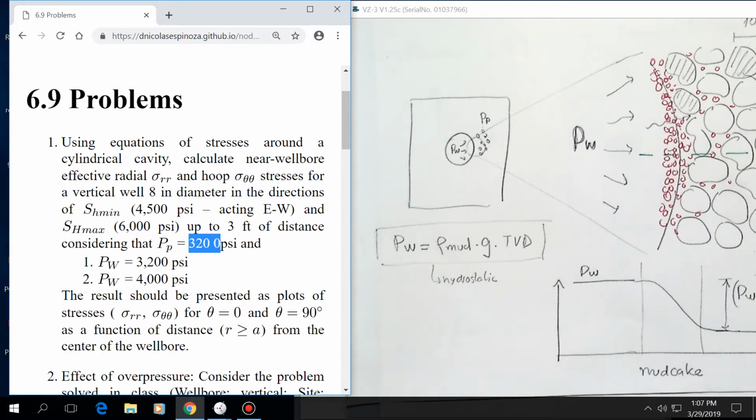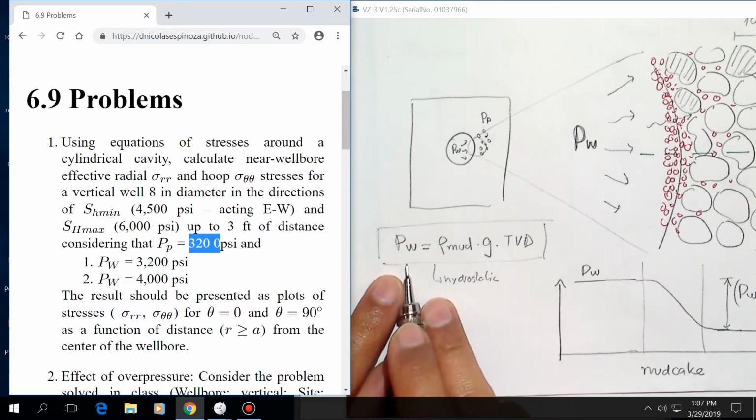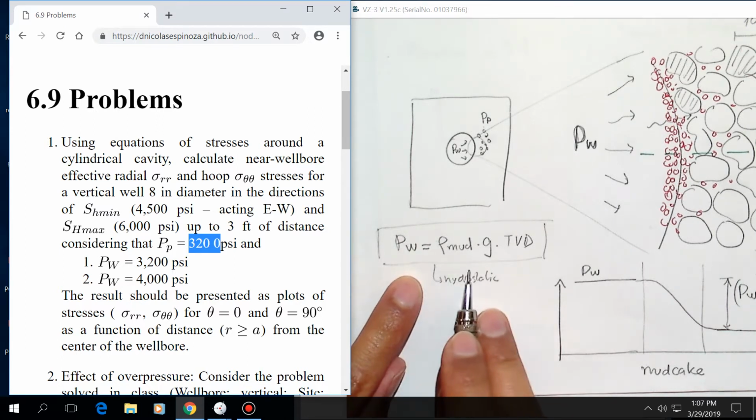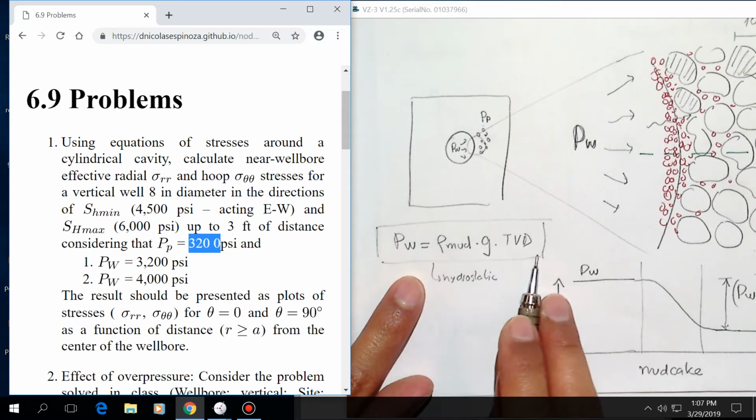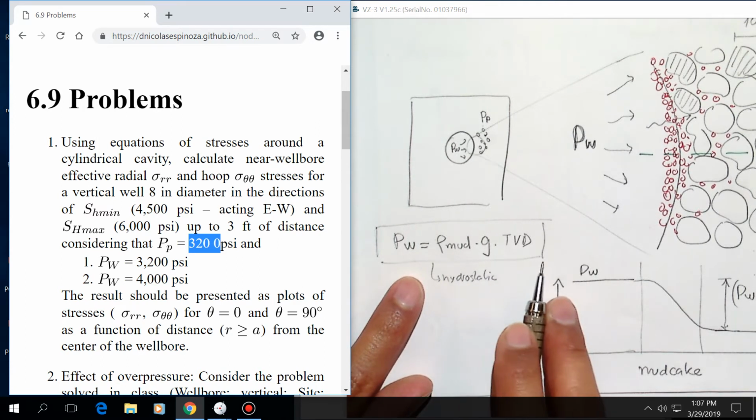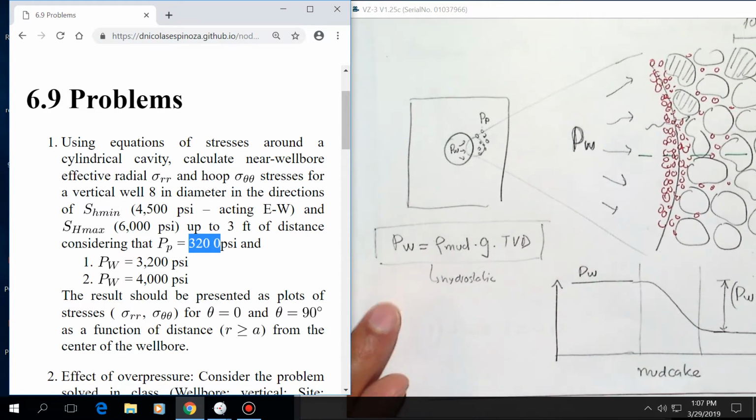Here I like to keep it simple and say that the pressure in the wellbore is just going to be the density of the mud, that's something that you can control, times g times the true vertical depth. And remember, it's not just depth, it's not measured depth, it's true vertical depth, because that's a hydrostatic head. It's the same thing as with pore pressure or vertical stress.